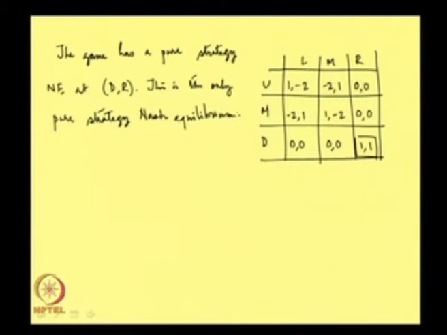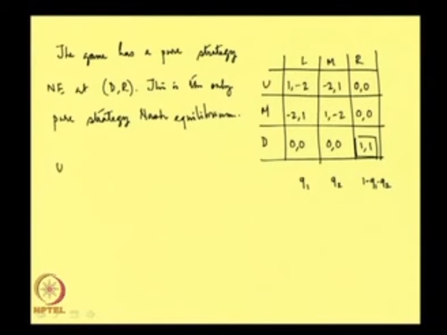If there is no other pure strategy Nash equilibrium, there can be a mixed strategy Nash equilibrium. Let us suppose that player 2 plays L with probability q1, M with probability q2, and R with probability 1 minus q1 minus q2. Then it must be the case that for player 1, the expected payoff from U and M and D must be equal.